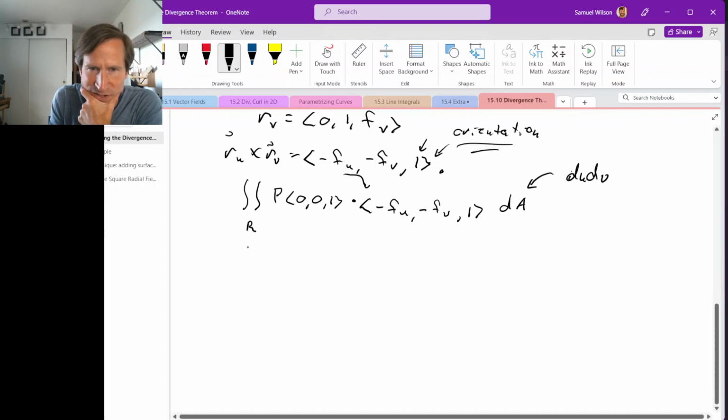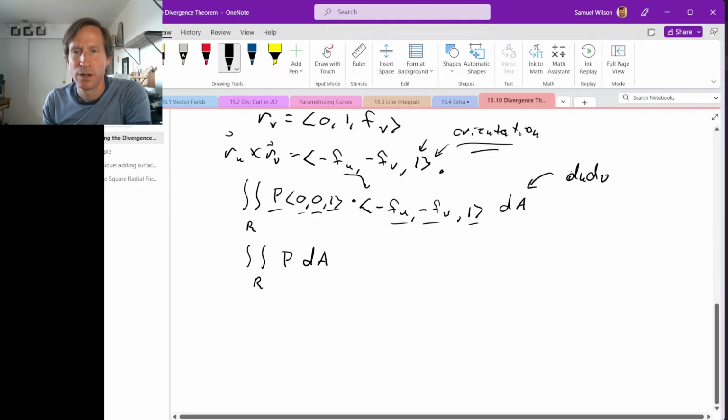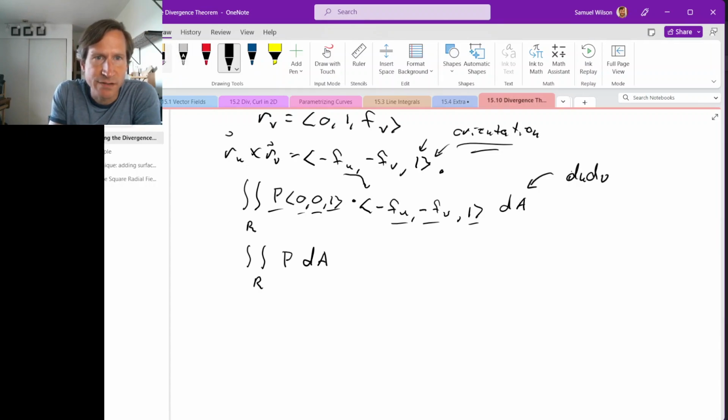Okay, so when we work out this dot product, these parts get multiplied by 0, and then this one hits that one. So 1 times 1 is 1 times p. So we're integrating p over this region. Oh, and while we're here, let me be a little bit more explicit about what this integral is.